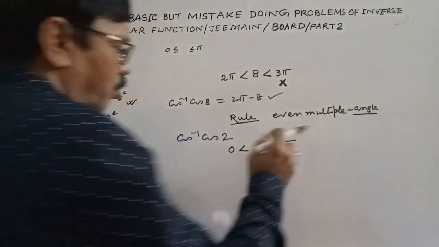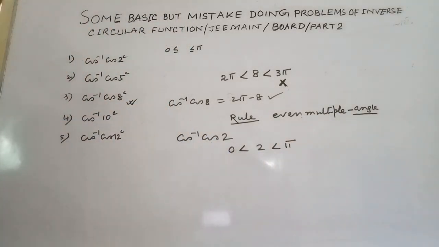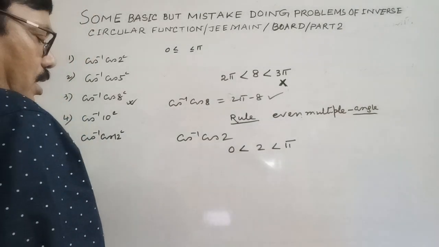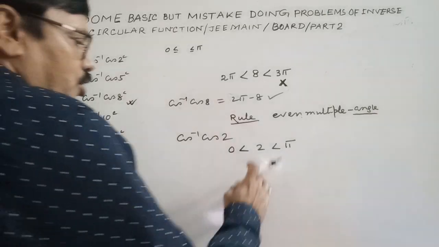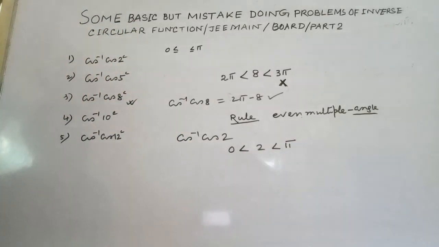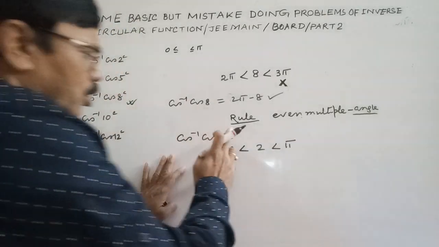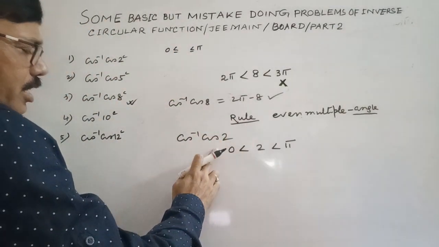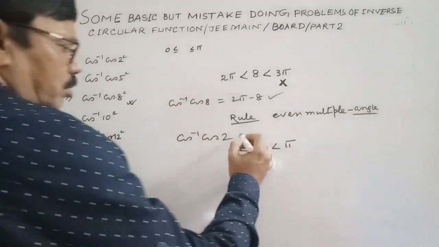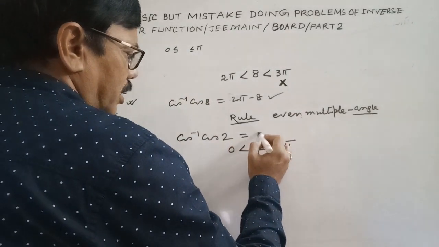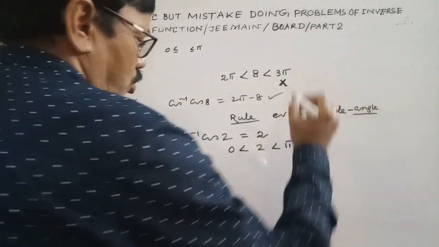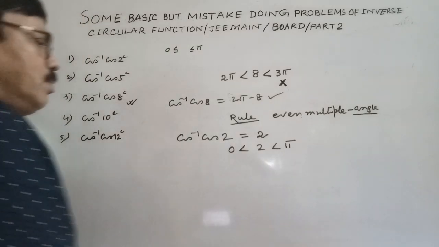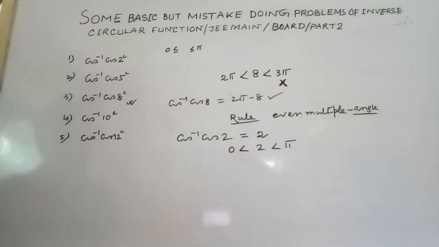Pi means 3.14. So 2 is in the principal value interval. So no need of taking this. This one equals 2. So cos inverse cos 2 equals 2.